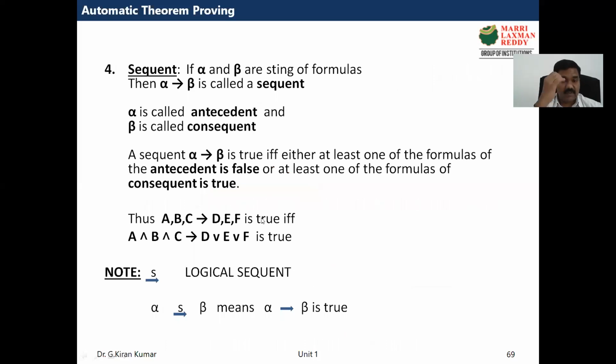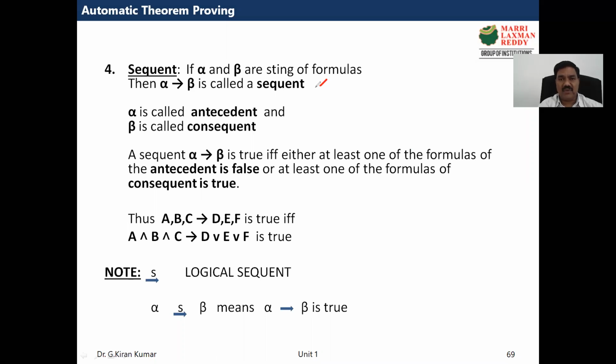The next term is sequent. Suppose alpha and beta are strings of formulas, then we write alpha to beta as a sequent, where alpha is called the antecedent and beta is called the consequent.